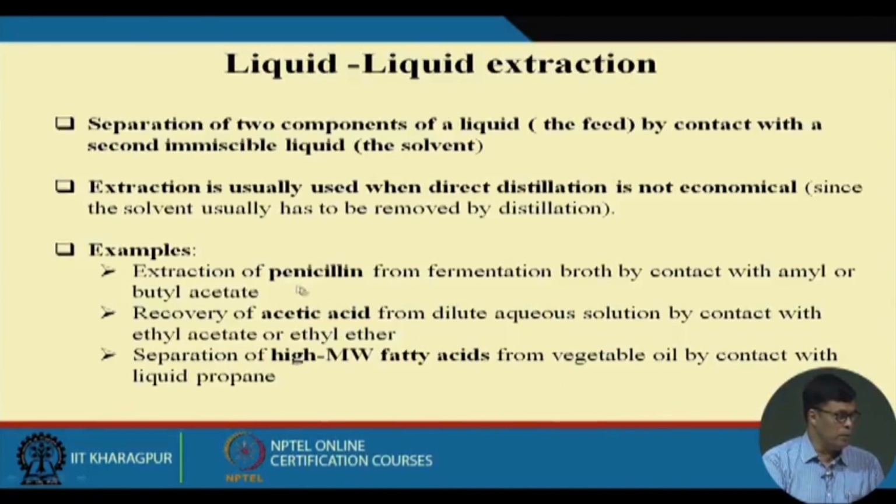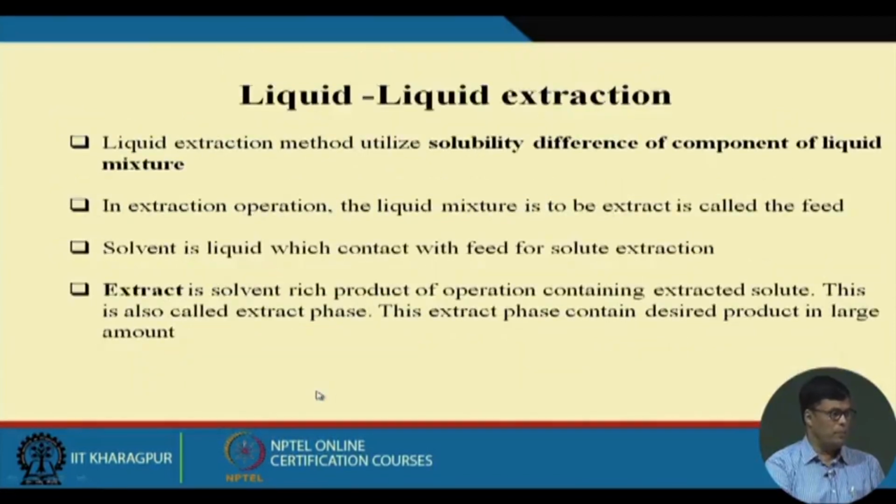The examples are penicillin, extraction of penicillin from fermentation broth by contacting amyl or butyl acetate, then recovery of acetic acid from dilute aqueous solution by contact with ethyl acetate or ethyl ether, then separation of high molecular weight fatty acid from vegetable oil by contacting with liquid propane.